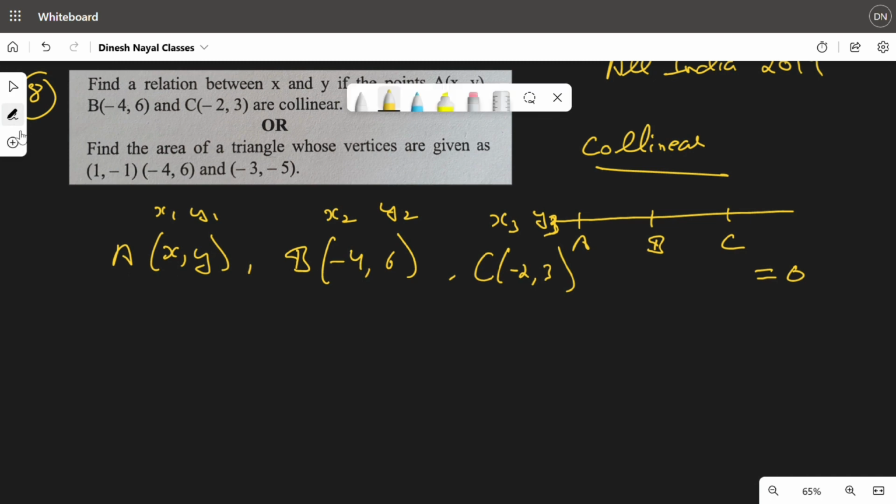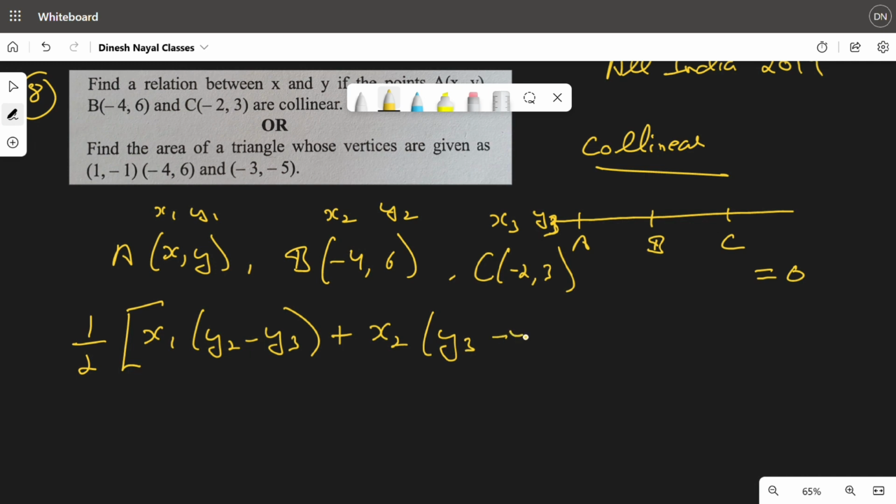So the formula is half, x1 into y2 minus y3, plus x2 into y3 minus y1, plus x3 into y1 minus y2, and this should be equal to 0.